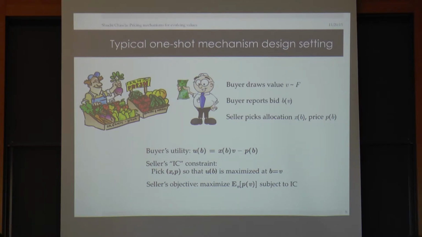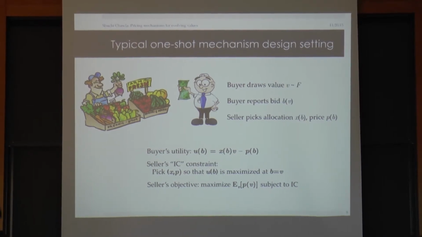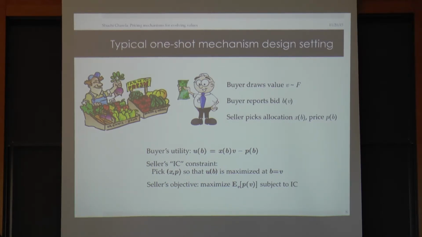Like I said, the revelation principle, which I didn't put on a slide here, basically says that if the buyer is going to strategize, then it's sufficient to consider mechanisms where the buyer's best strategy is to report his value truthfully, and so that allows us to place this constraint. I mean, the revelation principle always confuses me too, but it always seems like, is there truthfulness so that we can do math with it?